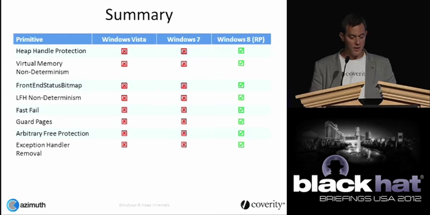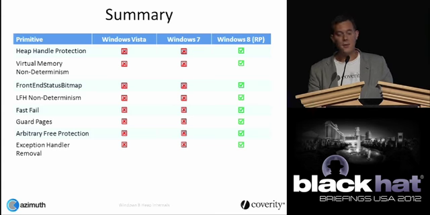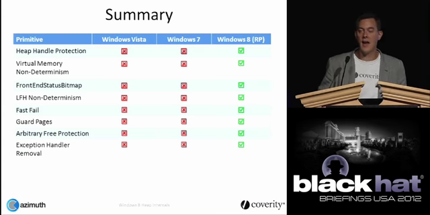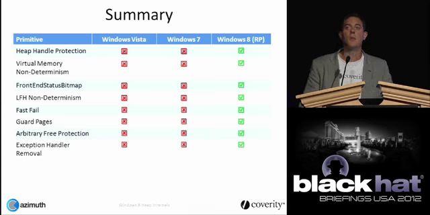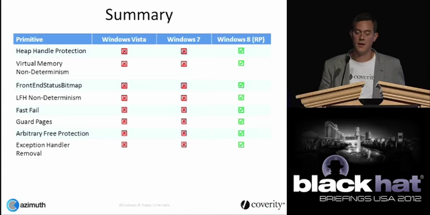All right, little summary for everyone, little rundown. You can see Windows Vista and Windows 7 have a lot of red X's. That is because they don't do things like have heap handle protection and non-determinism baked in to virtually allocated chunks and chunks in the low fragmentation heap. They're using dedicated bitmaps and counters instead of just plugging them into data structures that already exist.